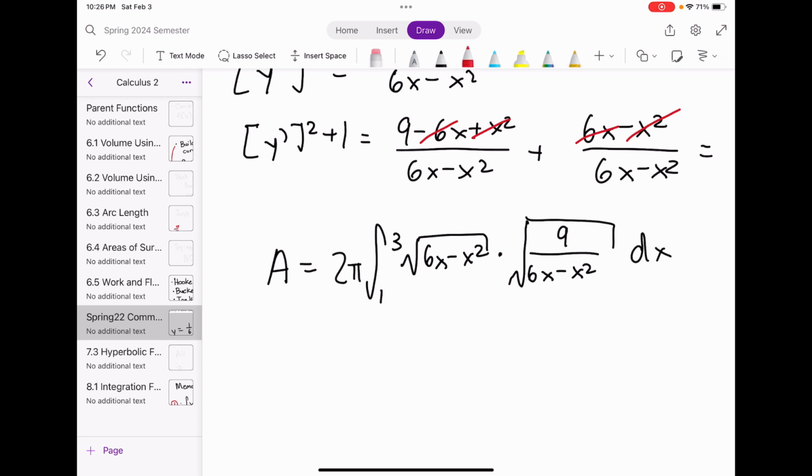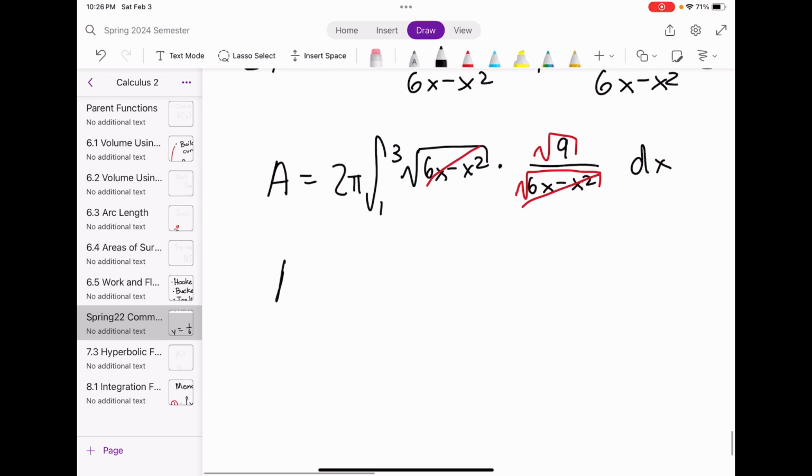And I'm going to skip the step where I distribute the square root. Actually, I'll just rewrite over it. That's the same thing as this, right? Because you can distribute it. And what you'll notice is that this and this will be able to cancel with one another.